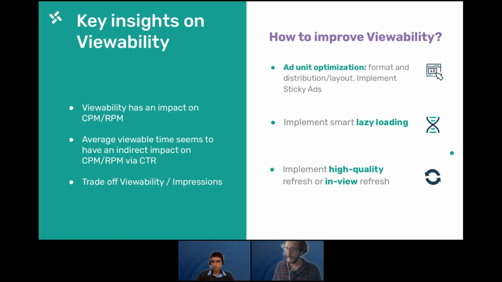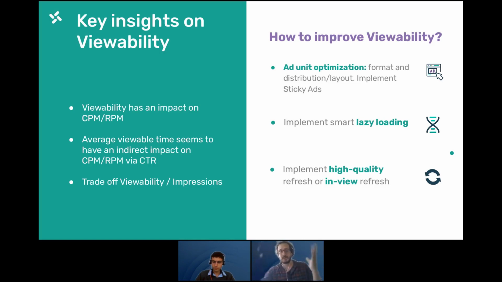That's not possible. The good news of the finding is that we clearly saw that viewability has indeed an impact on how the bidders bid. So it has an impact on your CPM, on your RPM, which is the revenue you get for 1,000 auctions.